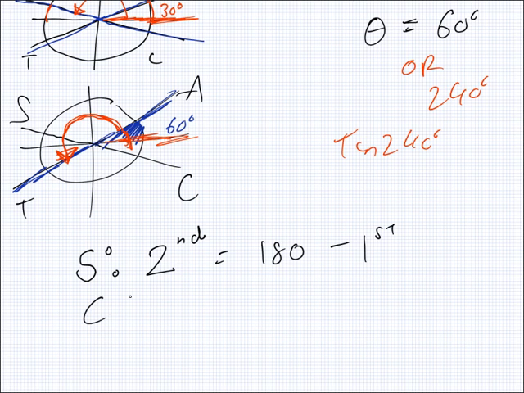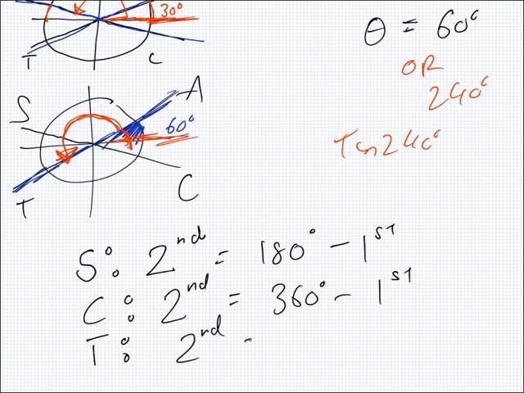If you have a cosine equation, the way you get the second answer is 360 degrees minus the first answer. And the last one is the one we just did. If you have a tan equation, the way you get the second answer is 180 plus the first answer. So if you do not like your ASTC circle, you can simply remember these 3 facts for giving you the second answer.